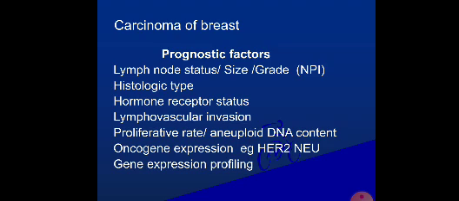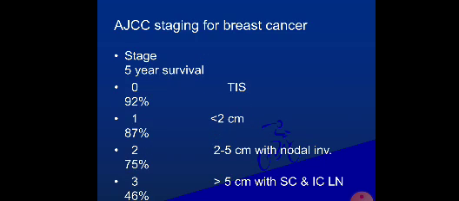If absent, then good prognosis. With a higher proliferative rate and aneuploid DNA content, poor prognosis. HER2/neu expression also means poor prognosis. Gene expression profiling is also done to detect the prognosis in the patient.